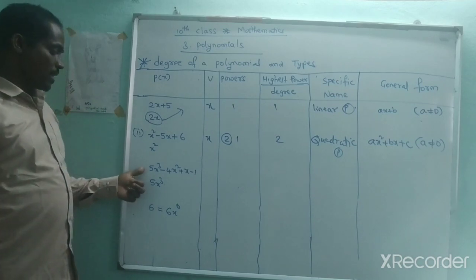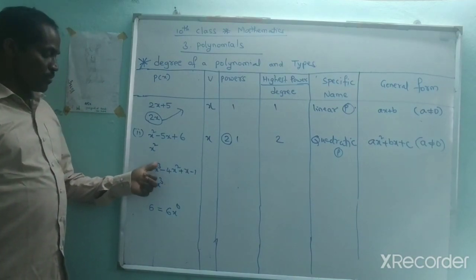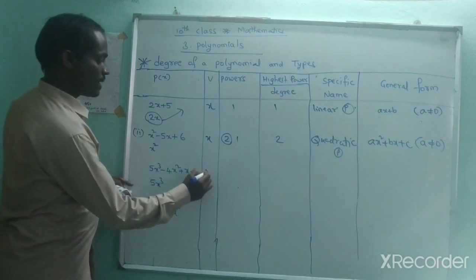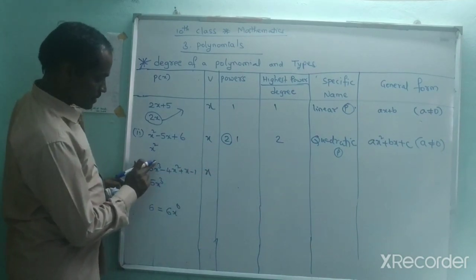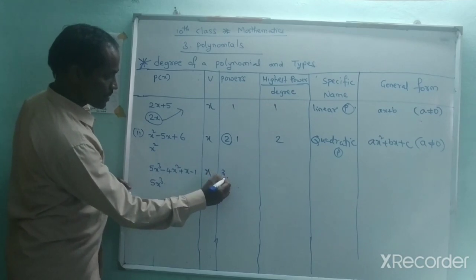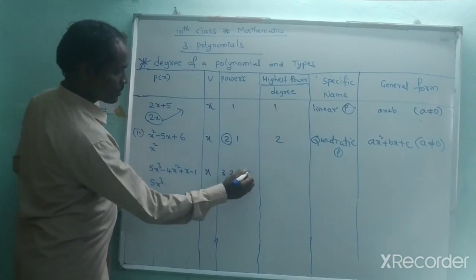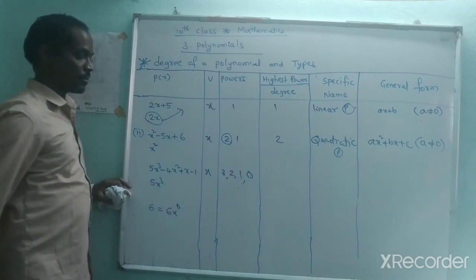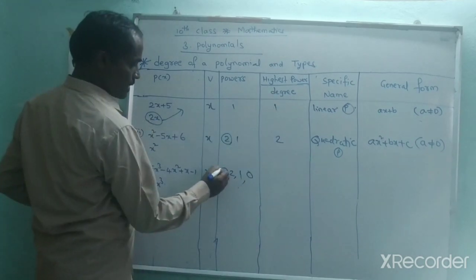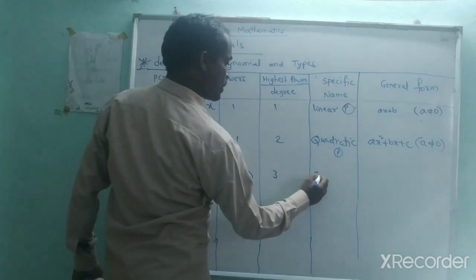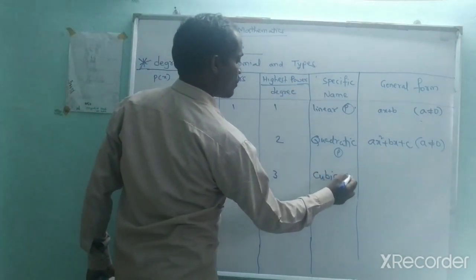Next, the third one, 5x cube minus 4x square plus x minus 1. In this, the variable x has powers 3, 2, 1 and the remaining 0. So the highest power is 3. So this specific name is cubic polynomial.